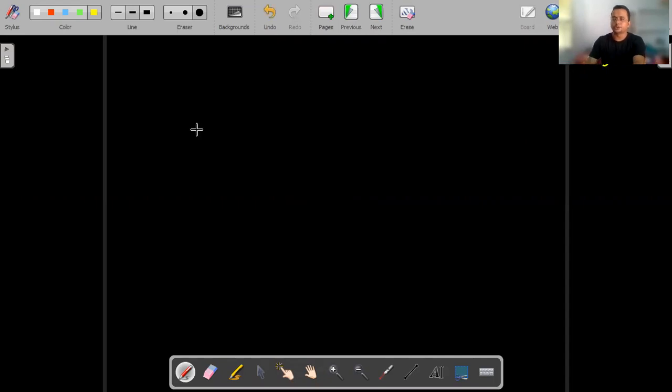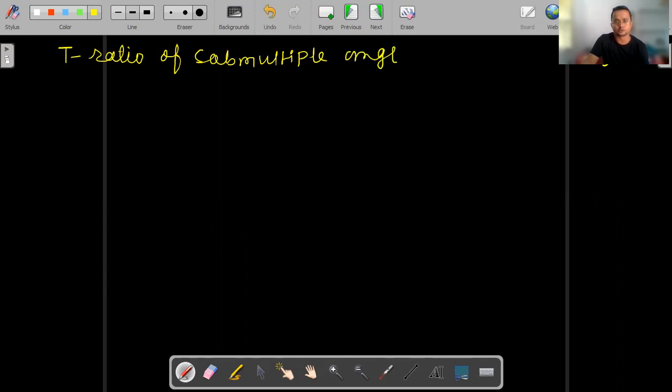Today we are going to start T ratios of some multiple angles. T ratios of multiple angles we have already discussed: sine 2A, cos 2A, tan 2A.